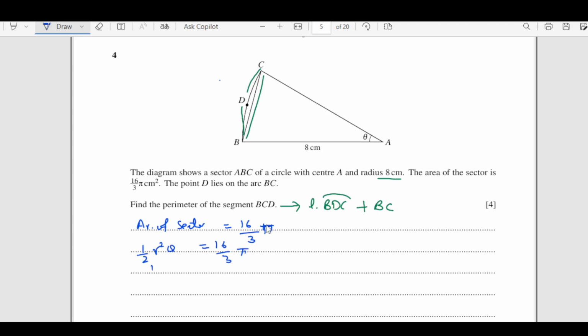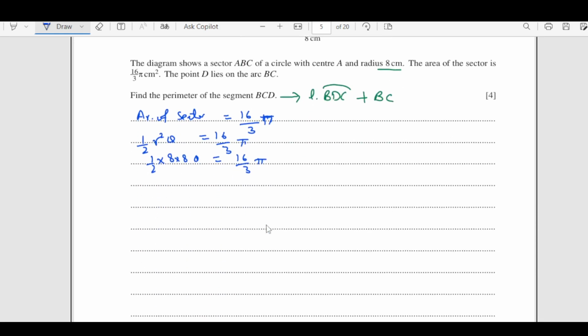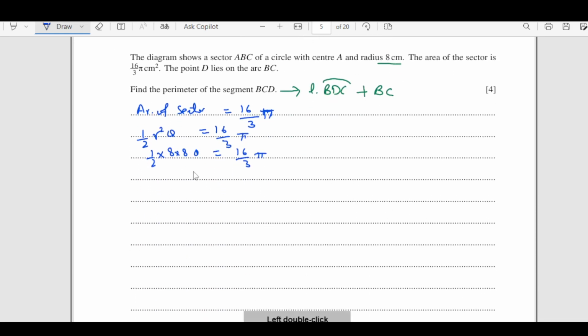With r equal to 8, it is half times 8 times 8 times theta equals 16 over 3 pi. 8 times 8 is 64, so this becomes 32 theta equals 16 over 3 pi. So theta is 16 over 3 pi times 1 over 32. So theta is pi over 6.